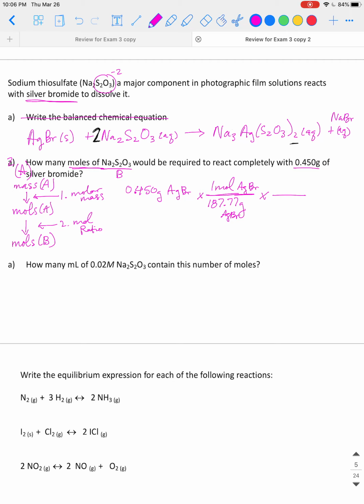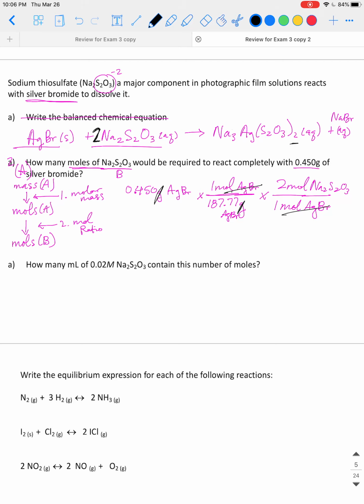Step number 2, let's look at our problem, get a mole-to-mole ratio, and we see for every 1 mole of silver bromide, it's 2 moles of sodium thiosulfate. So we'll just write that mole ratio in down here. For every 1 mole of silver bromide, it's 2 moles of sodium thiosulfate. So cancel out the units properly. Grams cancel. Moles of AgBr, silver bromide, cancel.